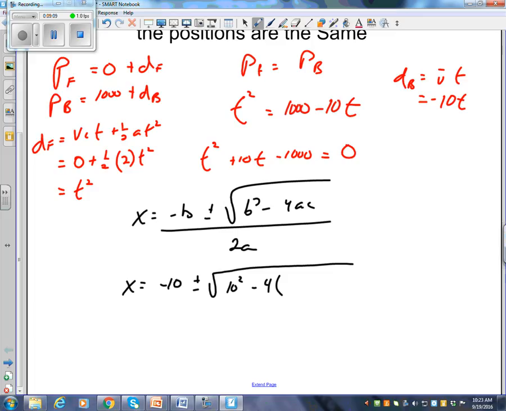The a value is the number in front of the t squared, 1. The c value is minus 1,000, and it's all over 2a, which is 2 times 1. Let's just put 2 times 1 just so that we show that we've done it all.